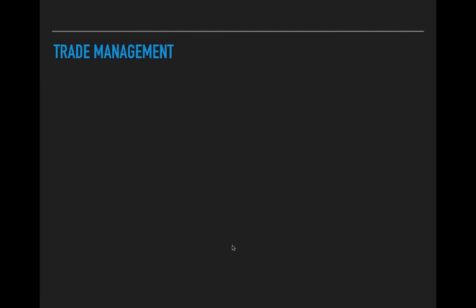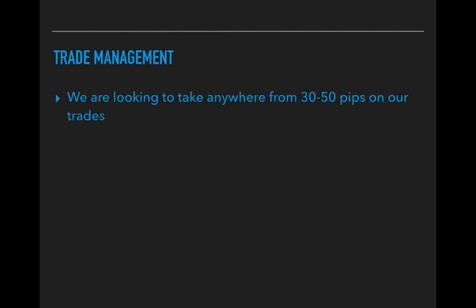Managing your trade, trade management. You're looking to take anywhere from 30 to 50 pips on your trades. You can go for more, and you'll see in the next couple of slides in the next setups that you can certainly get much more than that. But generally, to be safe, just take 30 to 50 pips on your trades, and that's really all you need.